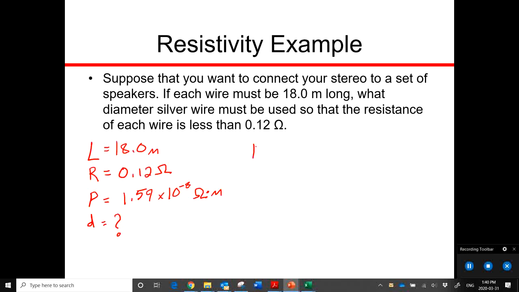So using our resistance equation, R is equal to rho times length over area. Okay, resistance is 0.12, is equal to our resistivity value, 1.59 times 10 to the negative 8, the length of the wire is 18, divided by A.